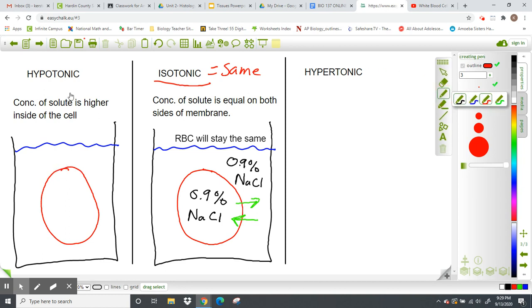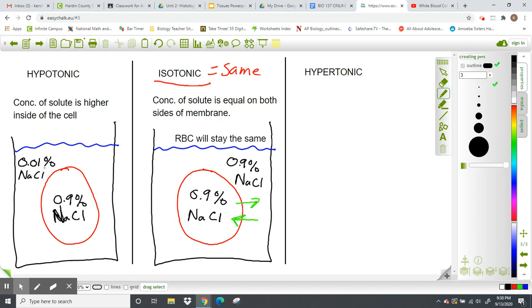Now, inside your red blood cell always is 0.9% NaCl. Okay. If the solute concentration is higher inside the cell, then we can say that we are in a hypotonic solution now. Let's say it's 0.01%.